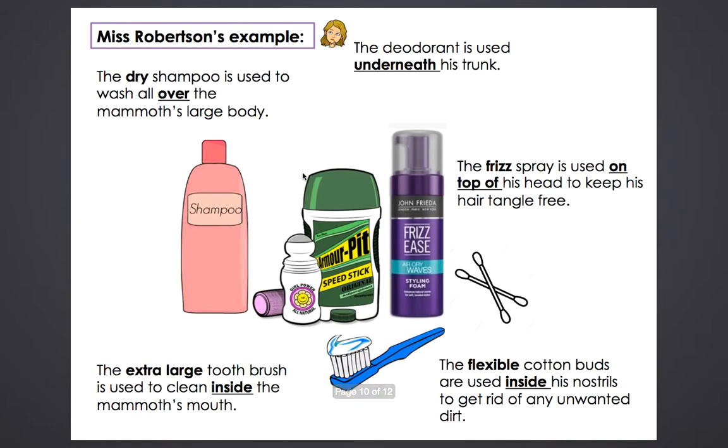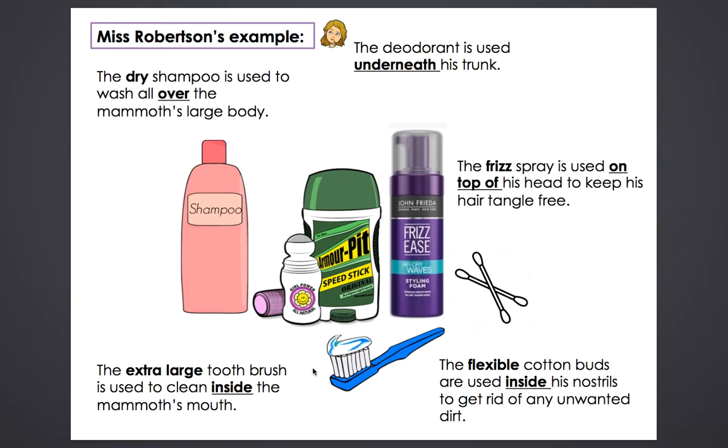Now here's my example. Okay, so I've put pictures of the different things I want in my kit, so that's what you can do. And then I've written some sentences for each one and used prepositions in each one. Okay, I've also tried to use adjectives in most of my examples. So for example, the dry shampoo is used to wash all over the mammoth's large body. The extra large toothbrush is used to clean inside the mammoth's mouth.